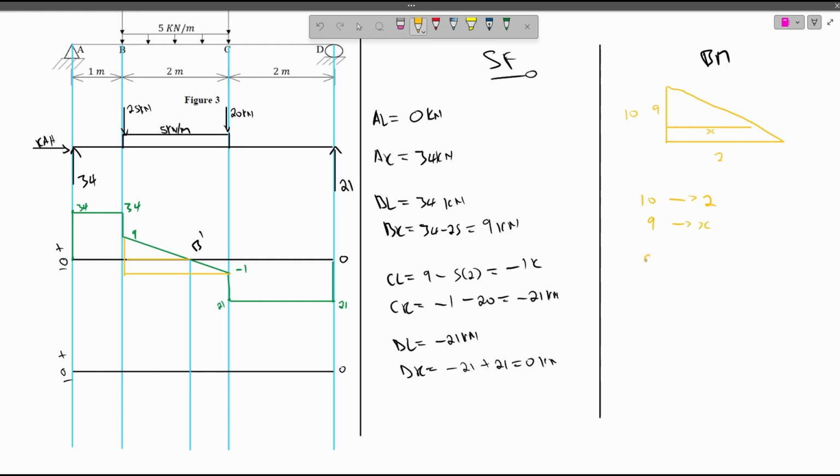You cross multiply, we have 9 times 2 divided by 10 is equals to x. Sorry, 18 divided by 10, which is 1.8. The 1.8 is this side. This distance here will be 1.8. And then this one will be 0.2.